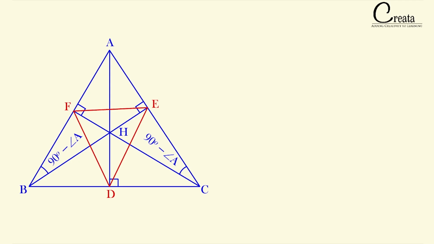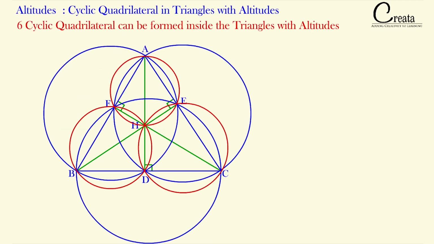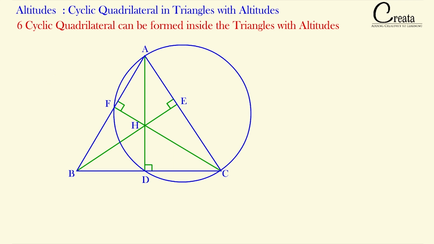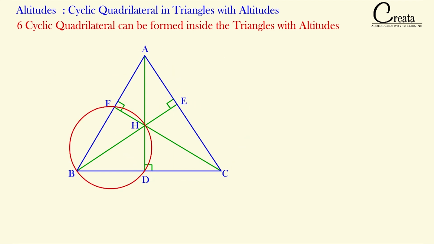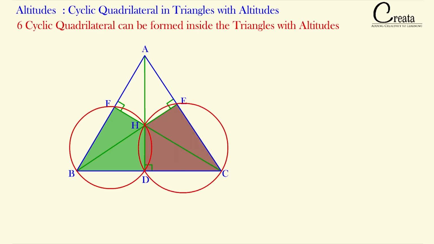Got it? Moving further, in the previous lecture, we have discussed the cyclic quadrilateral. That is, we have seen that a triangle with the altitudes can have 6 cyclic quadrilaterals. There we have discussed that BDHF is a cyclic quadrilateral and DCEH is also a cyclic quadrilateral. I am just repeating the same fundamental again. If we take BDHF as a quadrilateral, here angle D and angle F both are 90-degree angles.